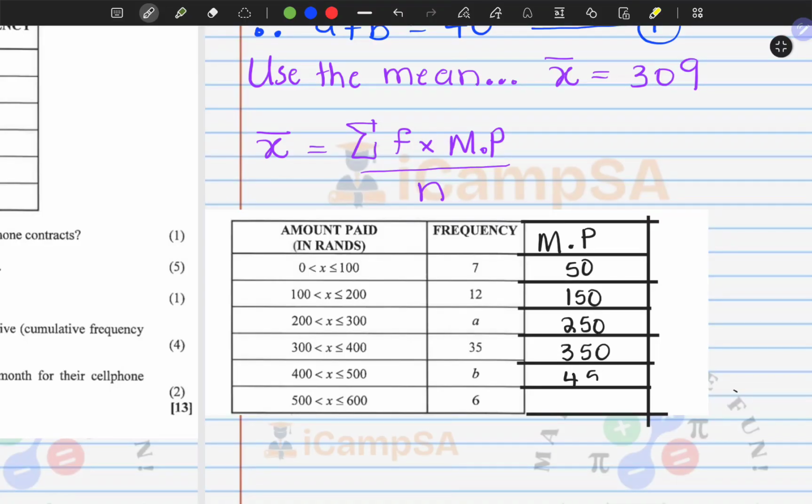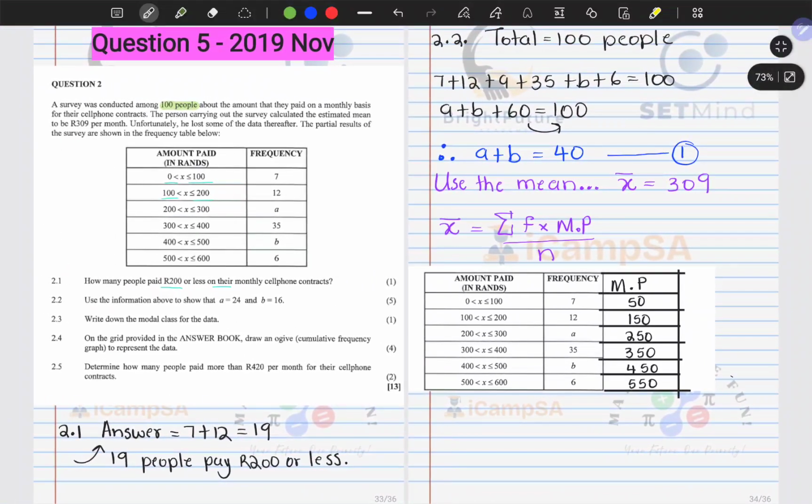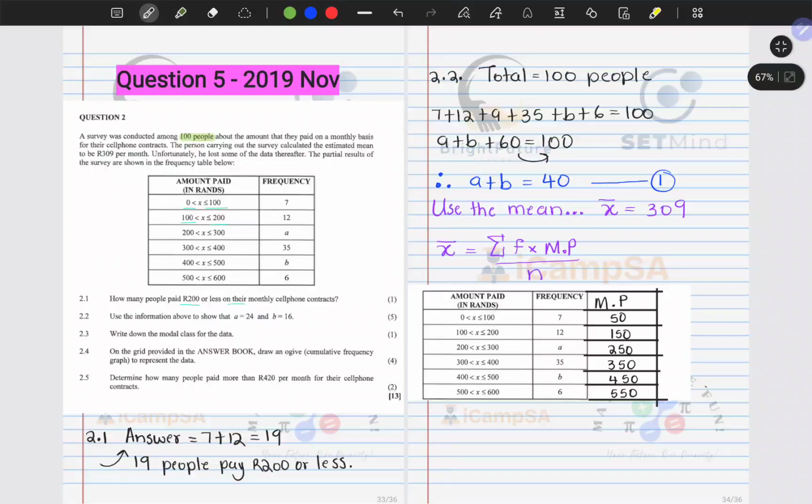You can take a guess. That's going to be 450 and 550. Okay, let's double check. 500 plus 600 divided by 2. That's 550. That's okay. So now that we have the midpoint, we can go ahead and multiply with the respective frequency to equate to our mean.